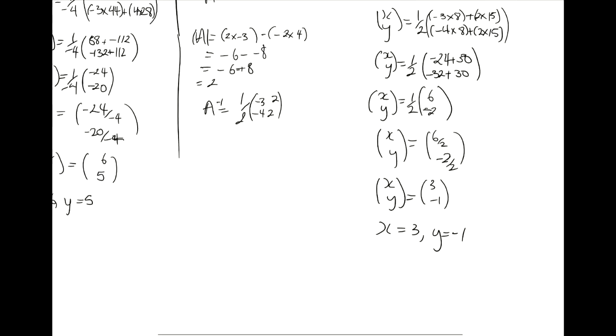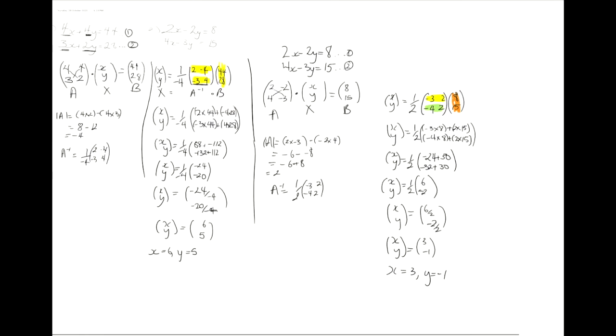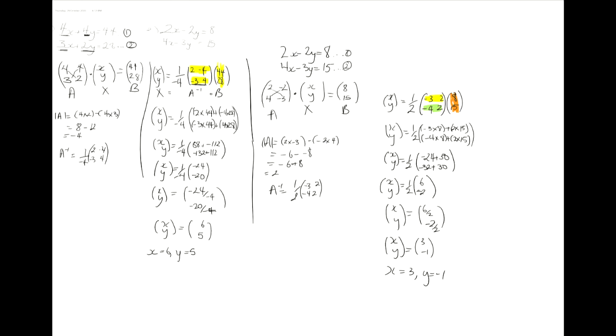Now, this is essentially how you do it. So what we do is that we take the two equations, we convert them into one matrix equation right here, and then we find the determinant from there, which is 2.